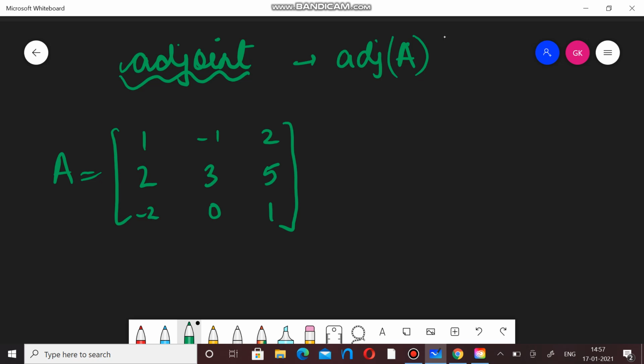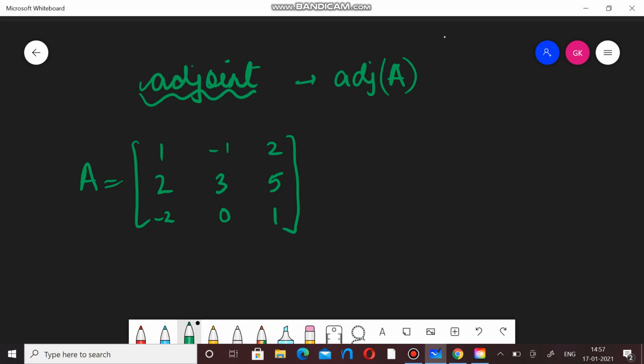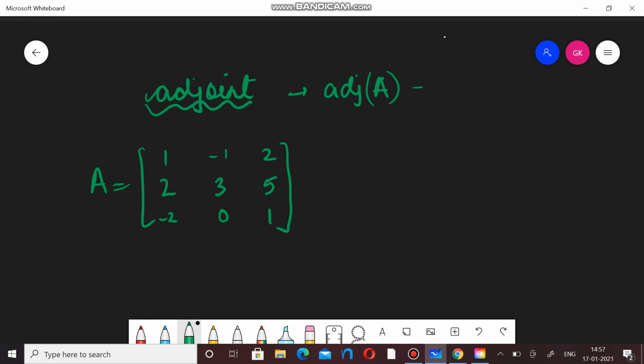This is a matrix given to you, and I'm asking you to find the adjoint. Now what is adjoint? Adjoint of a matrix is actually the transpose of the cofactors.